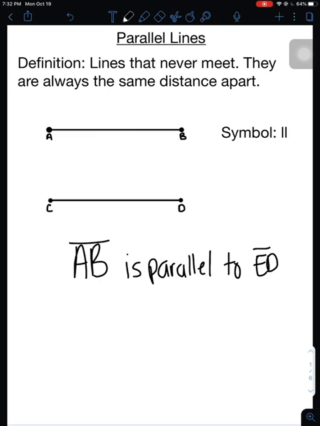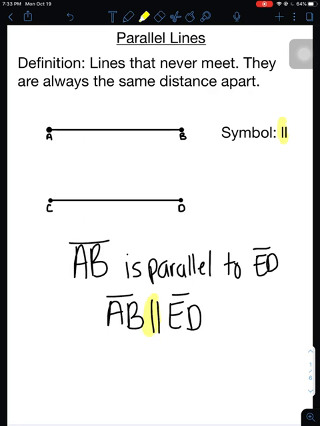Another way that the problem can let you know that the two lines are parallel is by using this symbol here, saying AB is parallel to ED. So that's using this symbol, and I'm going to highlight it. This symbol, that's how you use it.